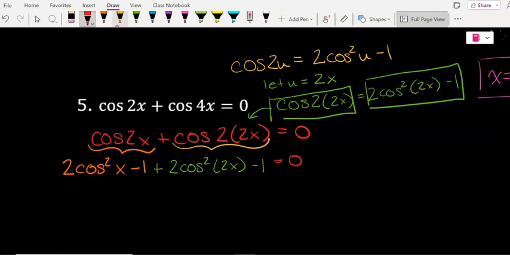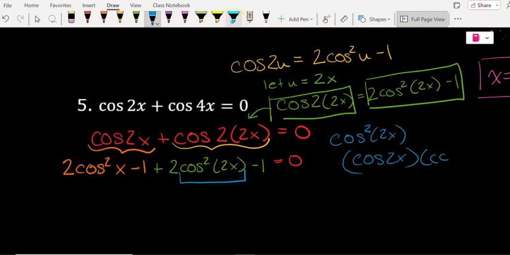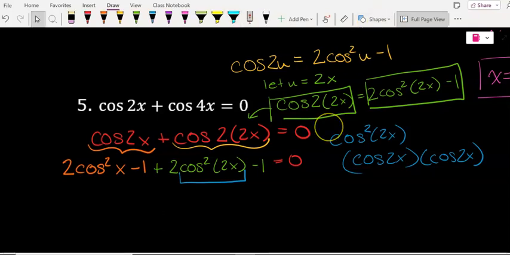Okay? Now, if you notice here, and this is what kind of makes this one terrible, is I have cosine squared 2x. So cosine squared 2x is no different than having cosine 2x times cosine 2x, okay? If I have something like that, it's just saying I have the same thing twice, right?